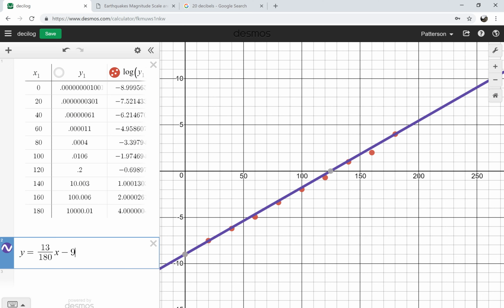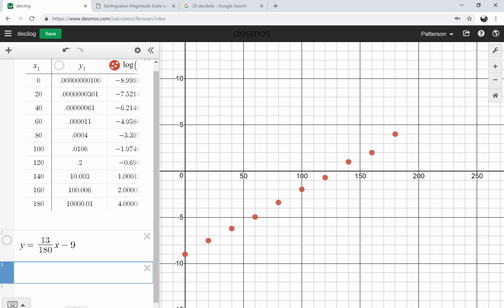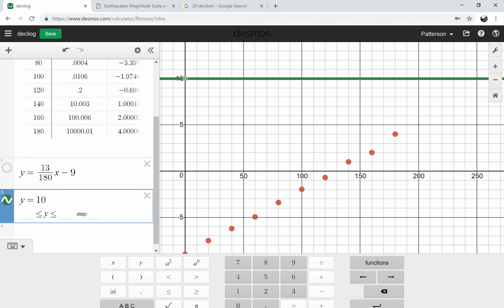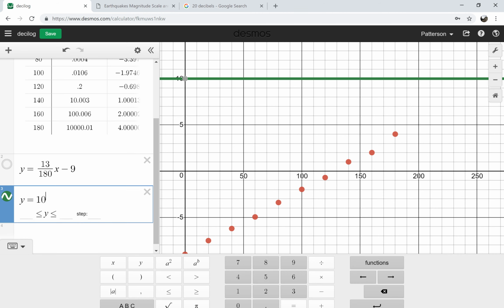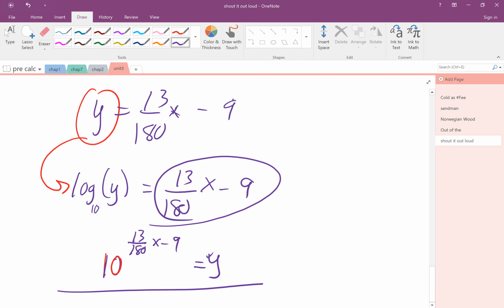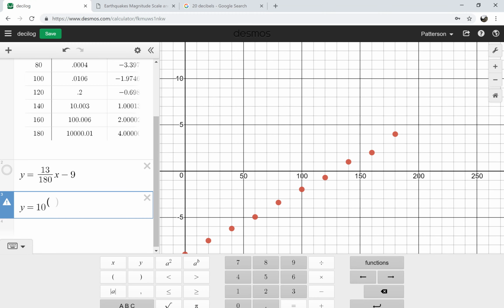So if I go back into this, I'm going to type this in now. y equals 10, to the, and I have to put a parentheses or else it doesn't work, to the, let's see what that was, 13 over 180.